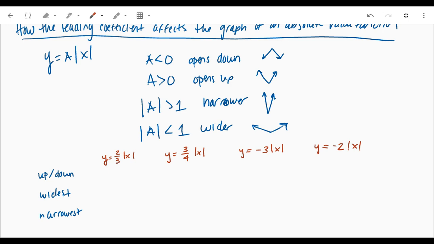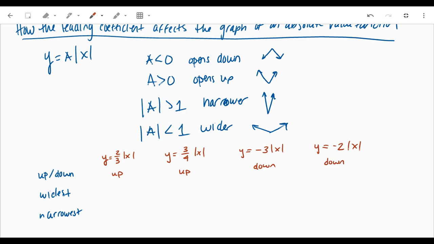These first 2 will open up because a is positive. The last 2 will open down because a is negative. The widest one will be the one with the lowest absolute value of a, the a value that's closest to 0. Our candidates here are 2/3, 3/4, 3, and 2.